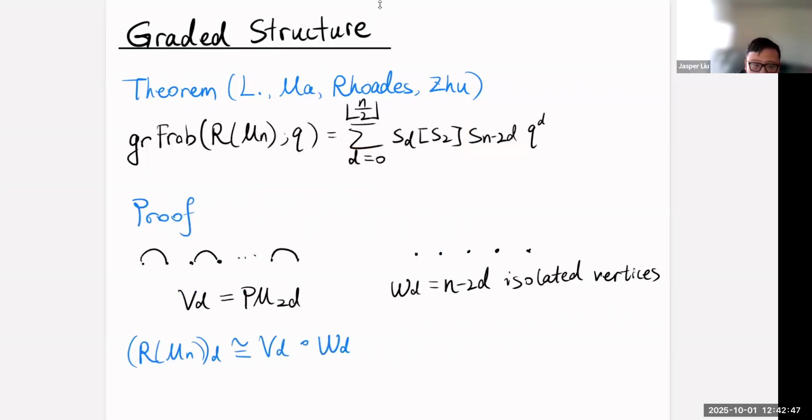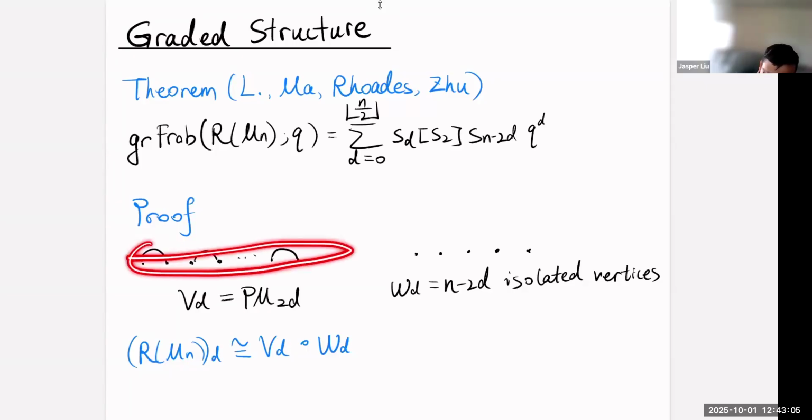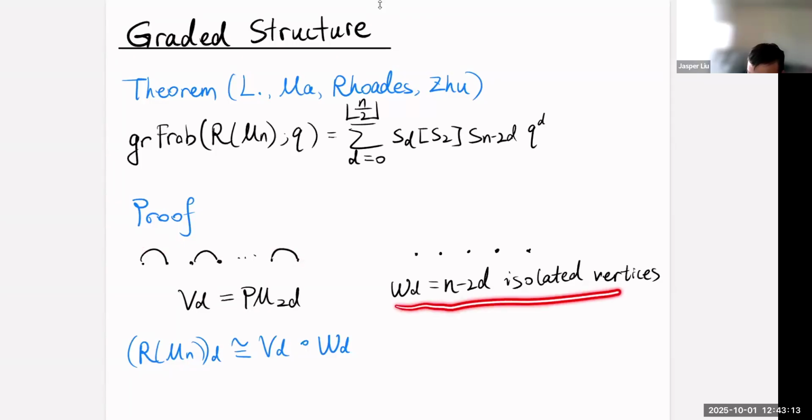So the degree d part from our construction corresponds to matchings of d matched pairs. So we consider two representations of smaller symmetric groups. This one corresponds to perfect matchings of 2d vertices, and this part is just n minus 2d isolated vertices.